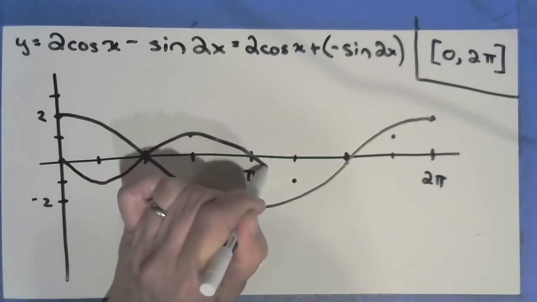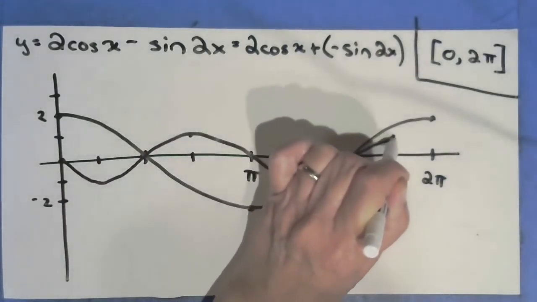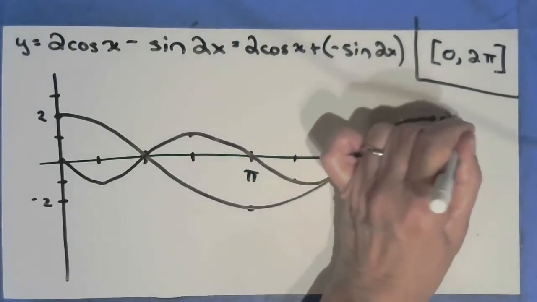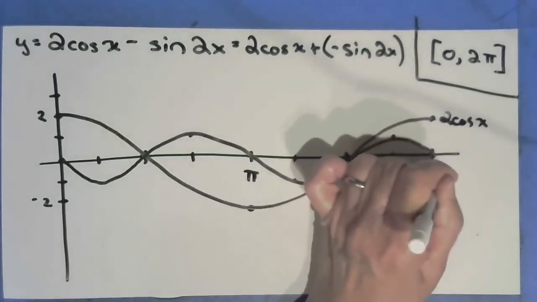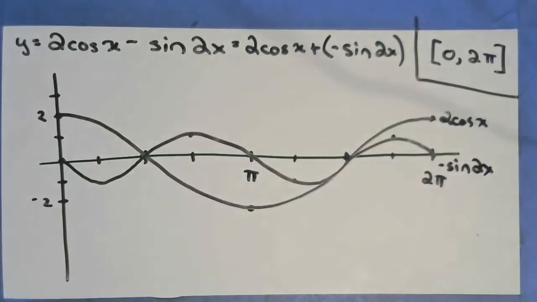There's one cycle. And there's the second cycle. So now this is 2 cos x, and this is minus sine 2x. So I labeled those. It helps to see what's going on.